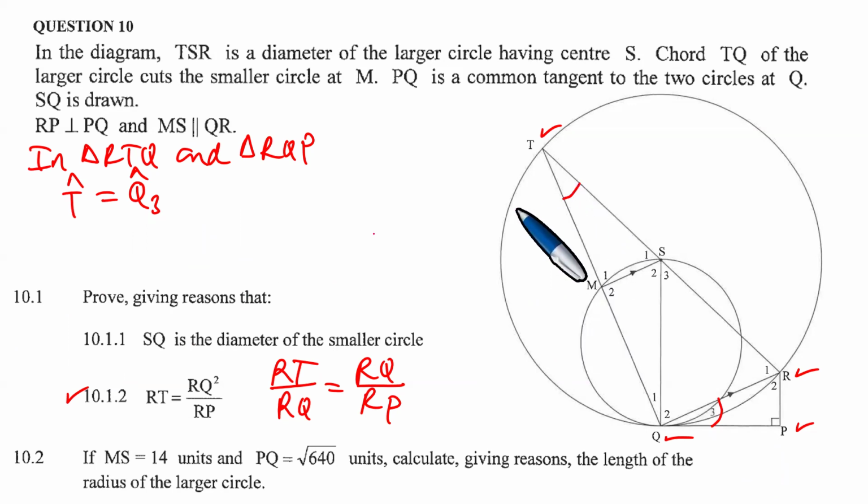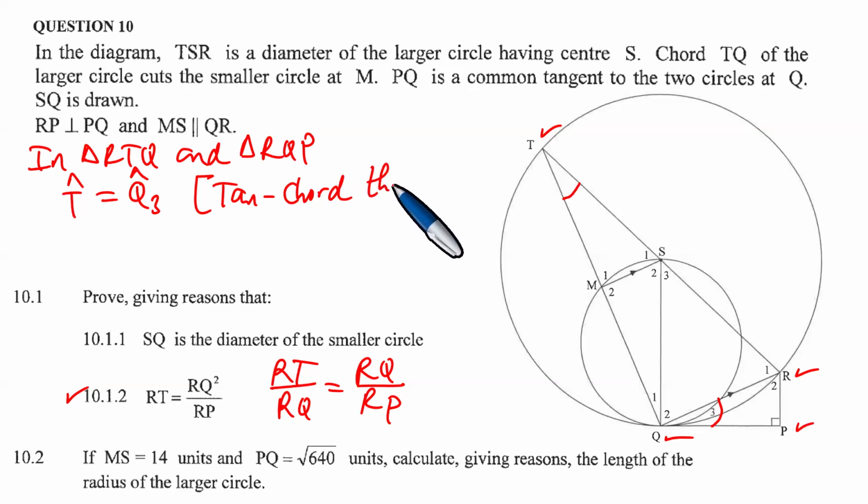This is what we call the tan-chord theorem. Q3 is equal to T, and this is the tan-chord theorem.